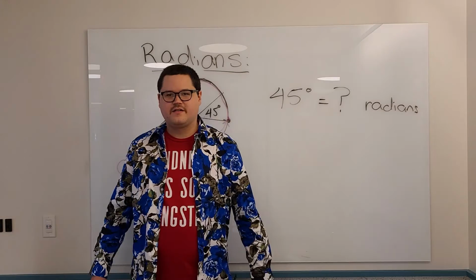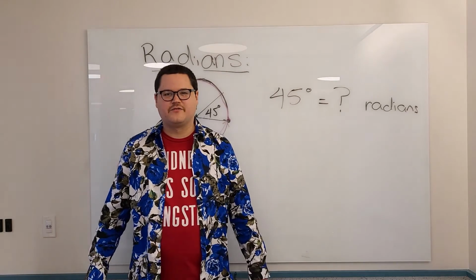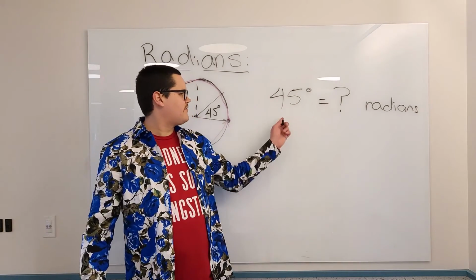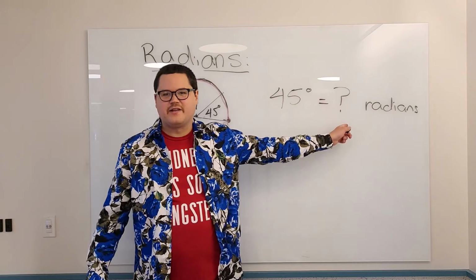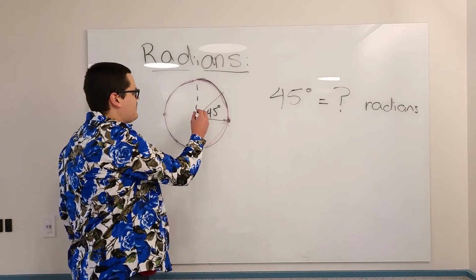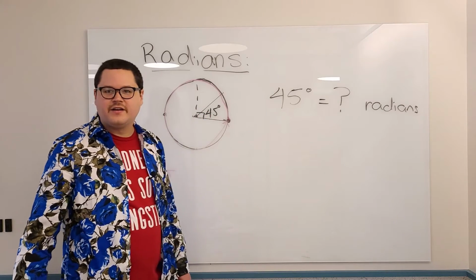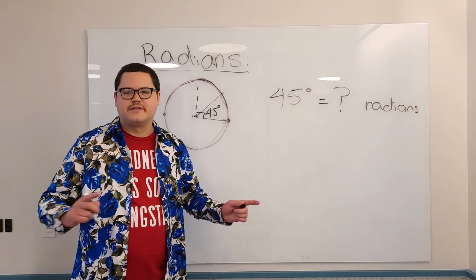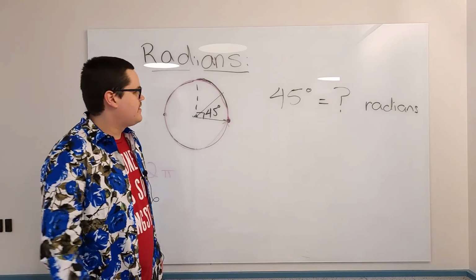That's fine. Finally, let's do 45 degrees. 45 degrees is how many radians? Well, 45 degrees is half of a right angle. And of means multiply in math.